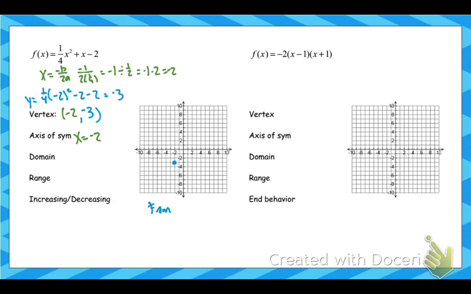So from the vertex, all right, we're multiplying those y values by 1/4. So I'm just going to plot the whole numbers. It's a little bit easier. So I'm going to go right 2 and up 1. I'm going to go right 4 and up 4. And then I'm going to do the same thing on the other side.